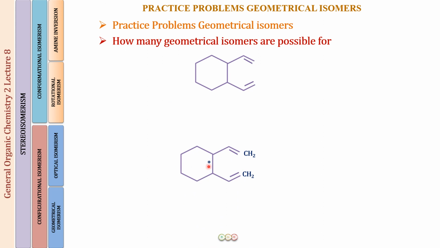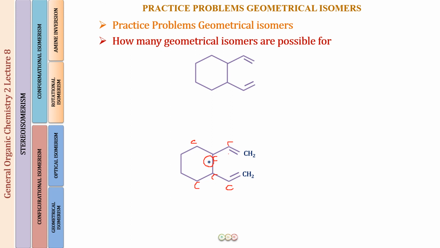So here what you can see is this part of the ring. Okay, so this is going to be the carbon. To this carbon and this carbon, this is going to be one group for both, and this is going to be the other group for both. All right, so both groups are different for the two carbons of this ring. So we will be having one stereogenic center at this place, and for the other, let us see whether the double bond can also show geometrical isomerism or not, right?